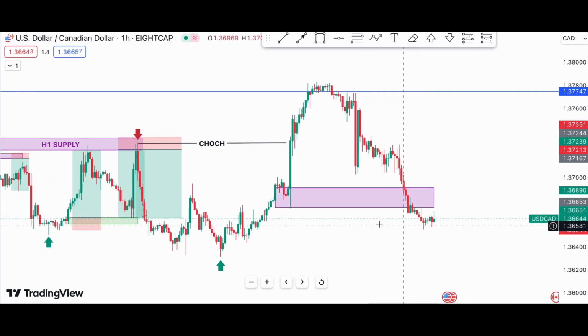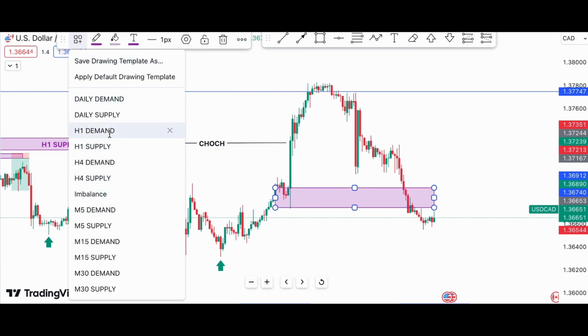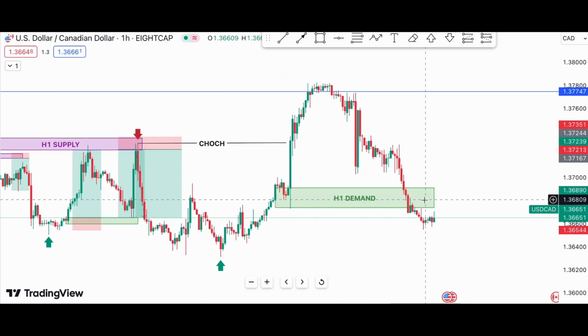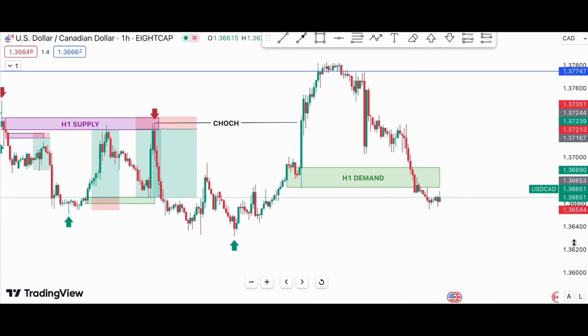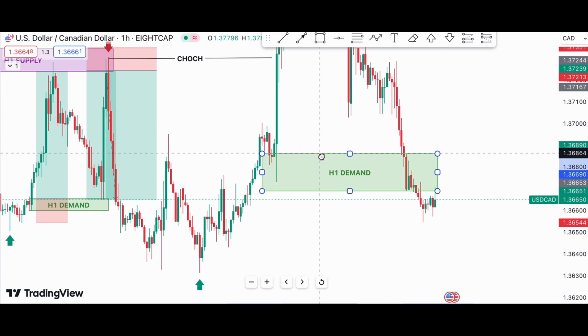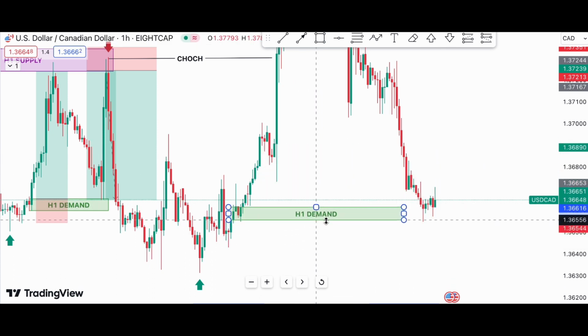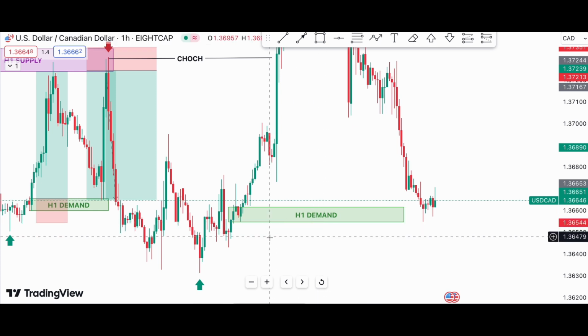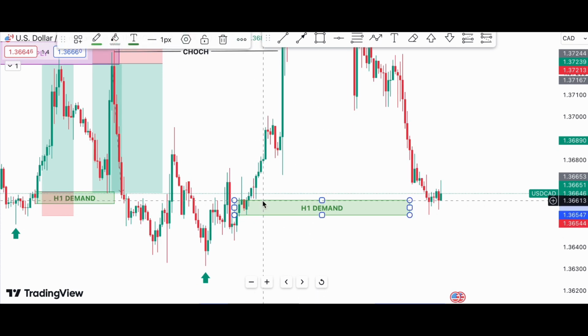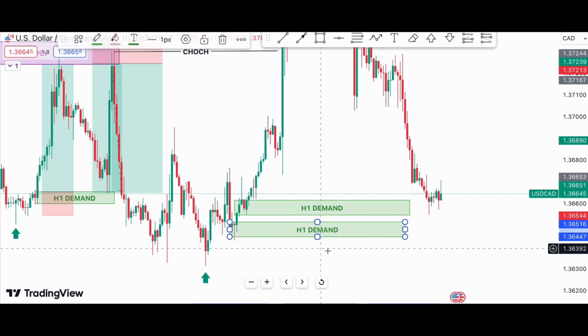But the price didn't respect it and broke through the zone right here. Then let's see again, is there any supply available? Better we look for a fresh supply, that will be the best. We look for a fresh zone because the fresh zone is the strong zone.